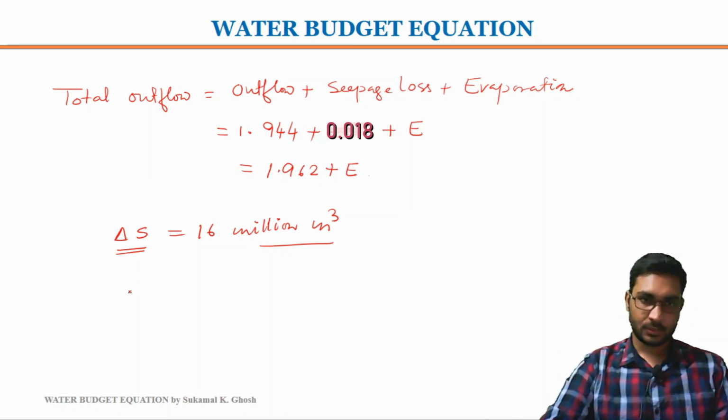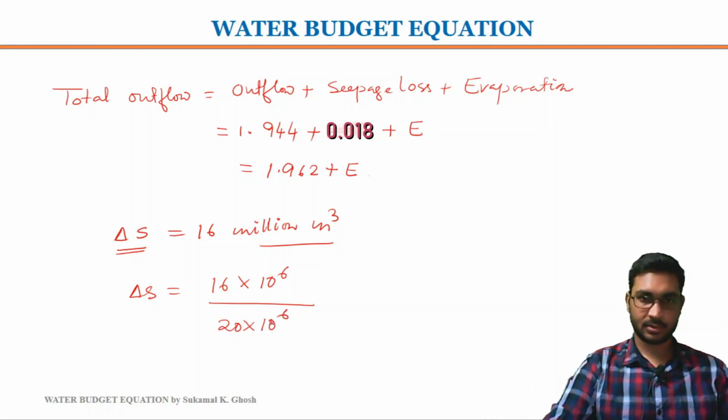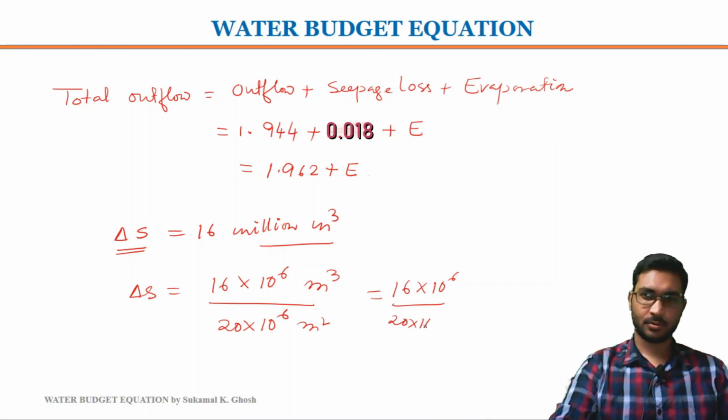Okay, so del S will be equal to 16 into 10 to the power 6 meter cube over 20 into 10 to the power 6 meter square, so it will be 16 into 10 to the power 6 by 20 into 10 to the power 6 meter.